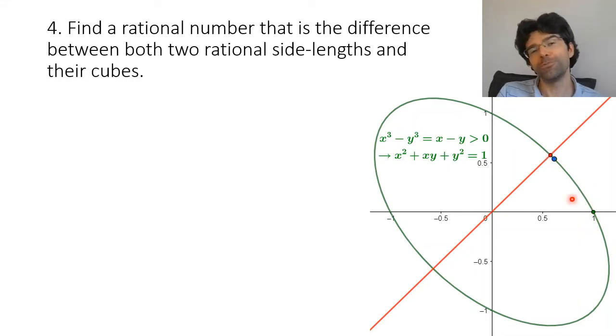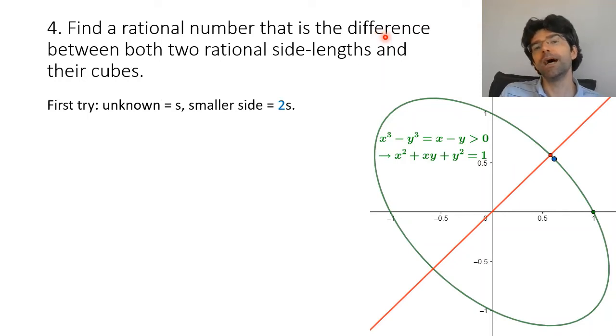But of course, this is not the way that Diophantus thought about the problem. He only had his one unknown symbol to use, and he didn't really think so much in terms of factorisation. So how would he have done it? Well, as a first try, let's say that the distance between both the sides and the cubes is s, and we'll call the smaller side length, let's just say 2s, and see what happens.